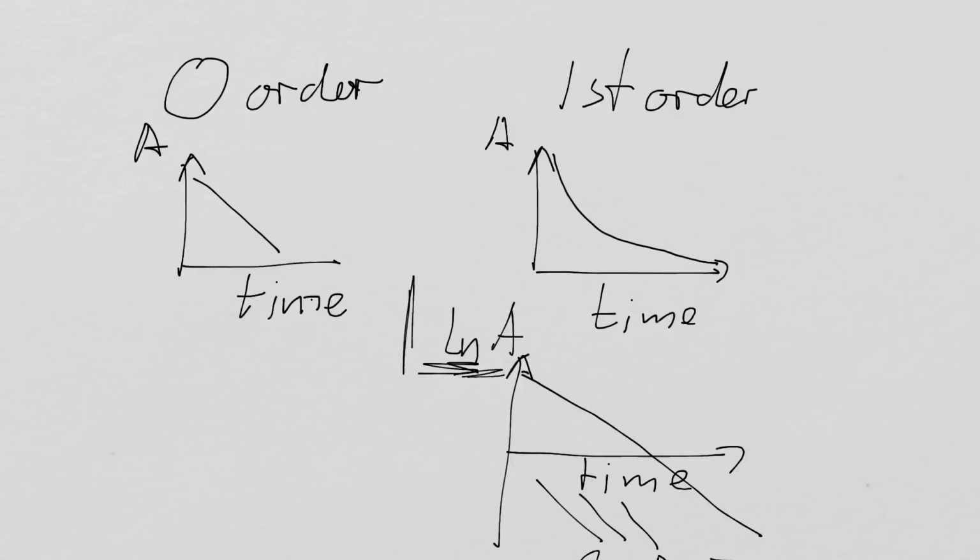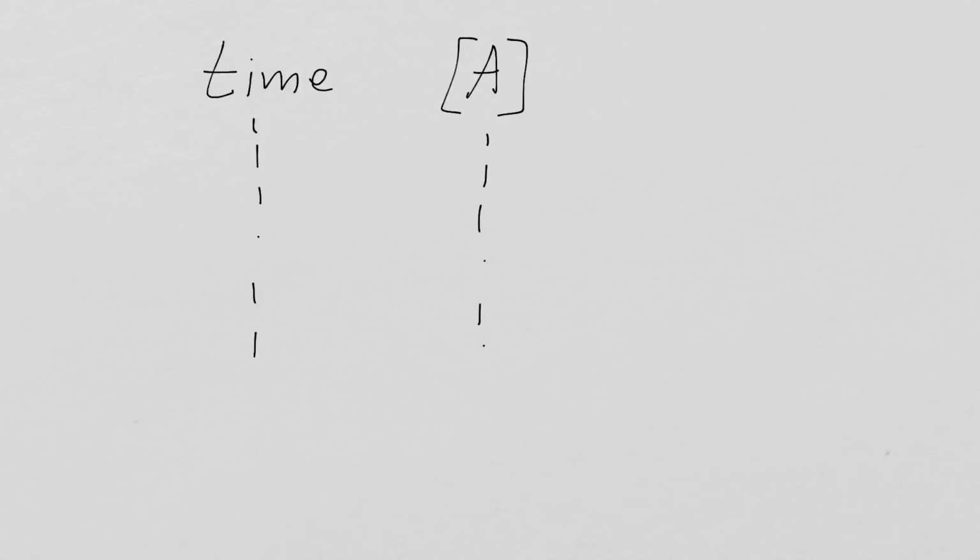And actually here we have a nice method to distinguish between a 0 and a first order reaction. If we have a set of data, let's say we have time and we have concentration of A. And we measure the time and the corresponding concentration of A. And we want to know whether this is a first order or a 0 order reaction.